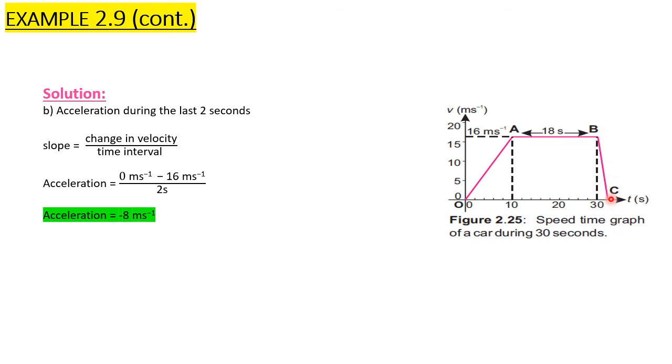The velocity at point C is 0 meter per second and the velocity at point B is 16 meter per second. So their difference gives us minus 16 divided by 2 seconds, which is equal to minus 8 meter per second square. The negative sign here in the answer indicates that the body is decelerating, meaning its velocity has decreased.